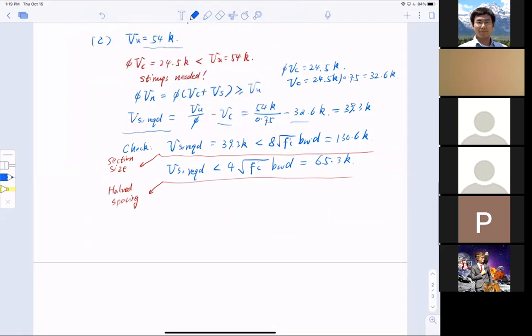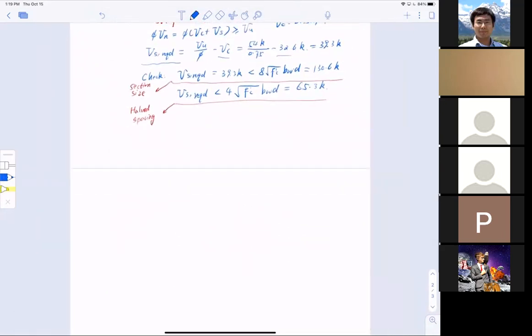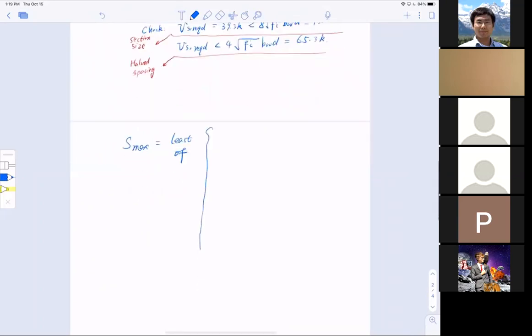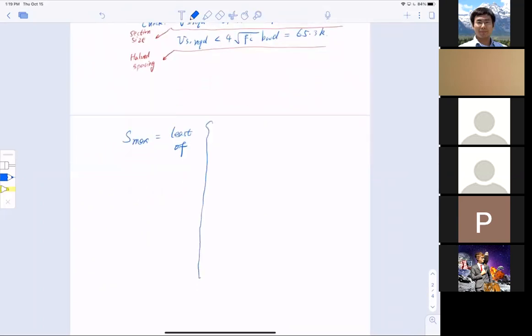The maximum spacing, sorry, let me just jump page. The maximum spacing has to be the least of, recall from previous equations, all these nice fellows. So d divided by 2, and we already got this number, 10.75 inch. And 24 inches.